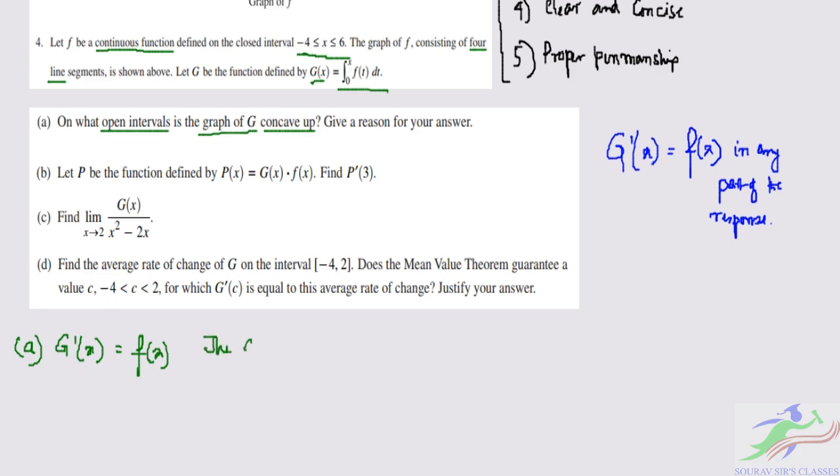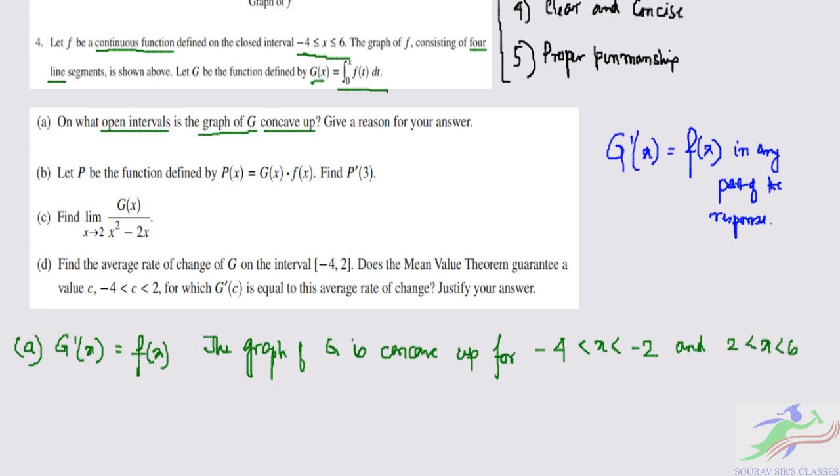So the graph of g is concave up for -4 < x < -2 and 2 < x < 6.